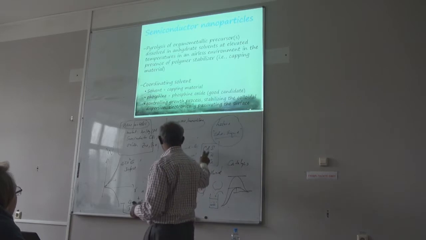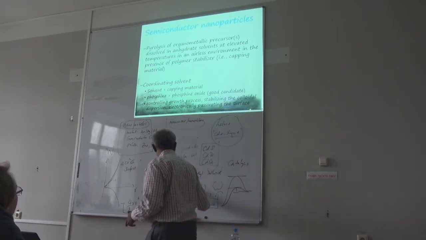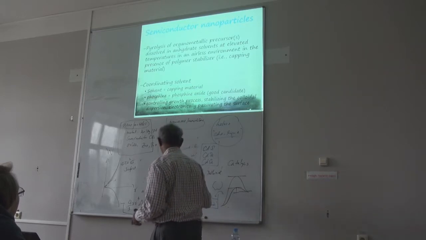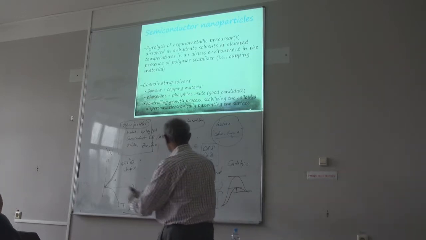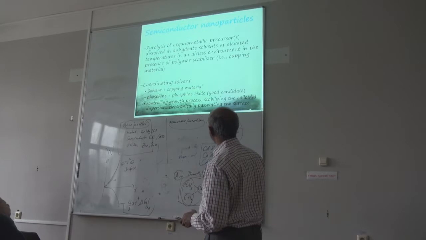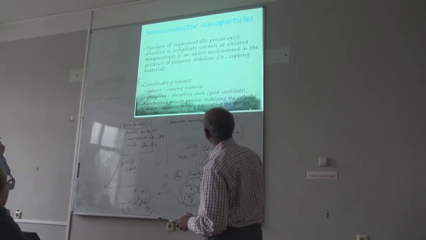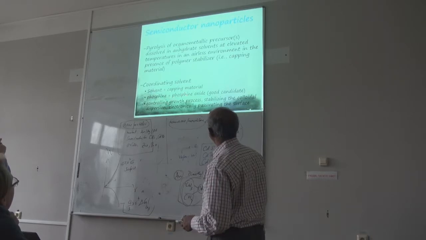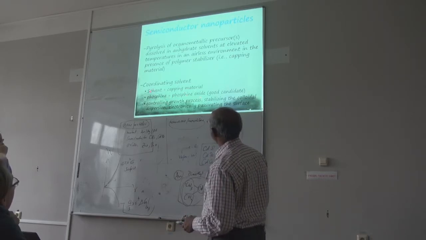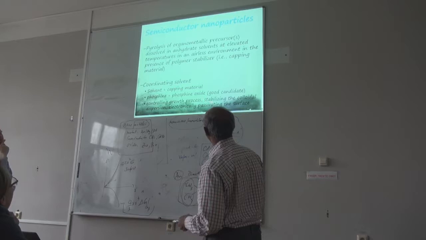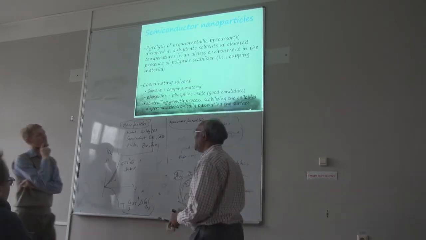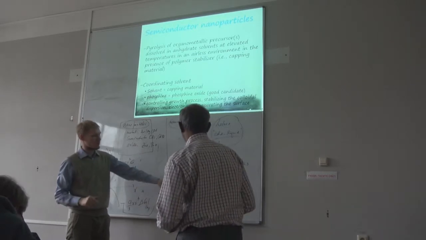If you want cadmium, you can use dimethyl cadmium, and you just dissolve this in a solvent. It can be any solvent. Here we are using phosphine or phosphine oxide. Then just heat it, and you make semiconductor nanoparticles. This is the first precursor.